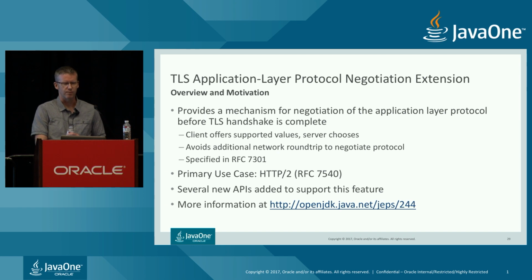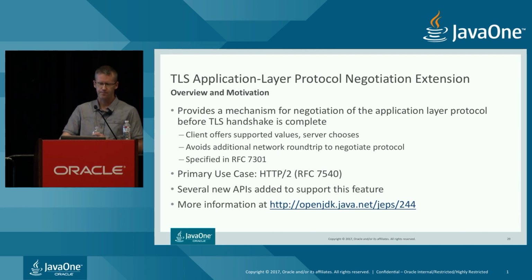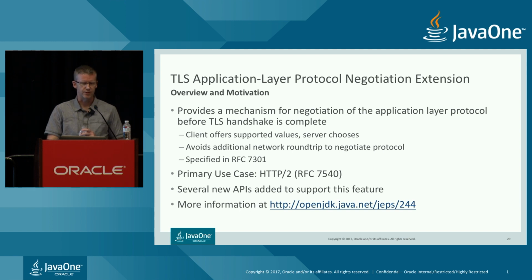The TLS application layer protocol negotiation extension is also supported in JDK 9. This is an extension that provides a mechanism for negotiation of the application layer protocol before the TLS handshake is complete. So the way this works is the client offers the protocols that it supports as part of the TLS handshake, and then the server chooses which one it wants to use.